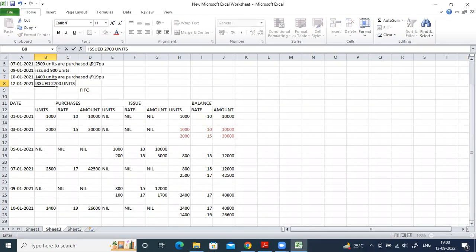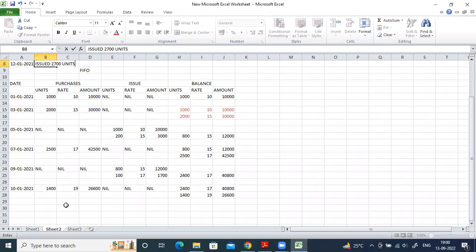What will be the answer on 12th January? The company issued 2,700 units. There will not be any entry in purchases. So how should we record issue and balance? Total units issued is 2,700.